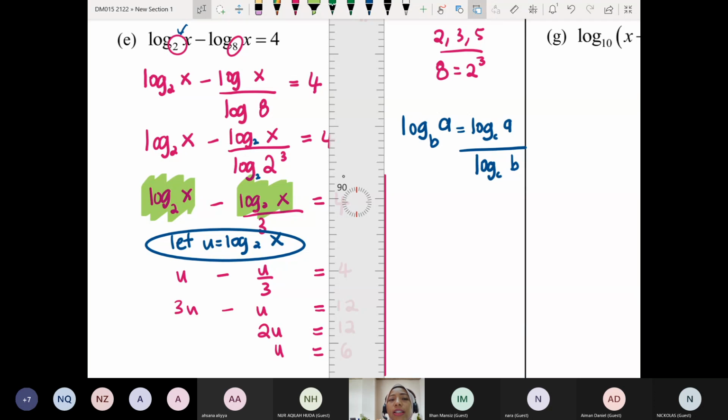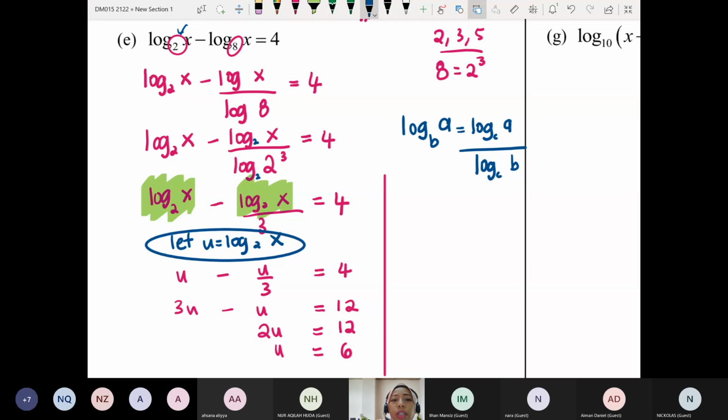Tapi itu bukan final. Kita bukan nak U. So we substitute back. What is our U? Okay, our U is log X base 2 equals to 6. So kita always want to solve for X, something that unknown, yang kita tak tahu. What's the point we are solving nilai yang kita dah tahu?